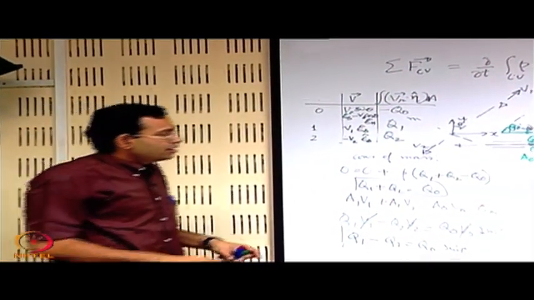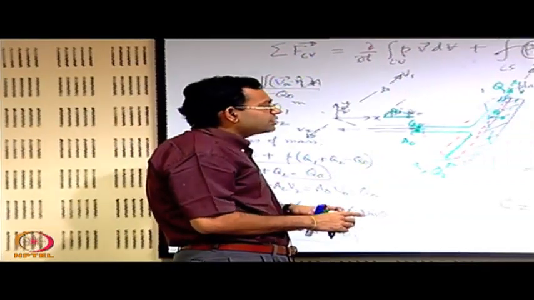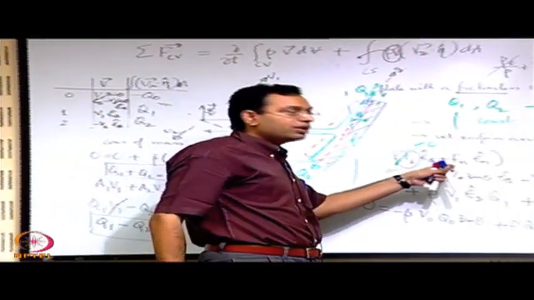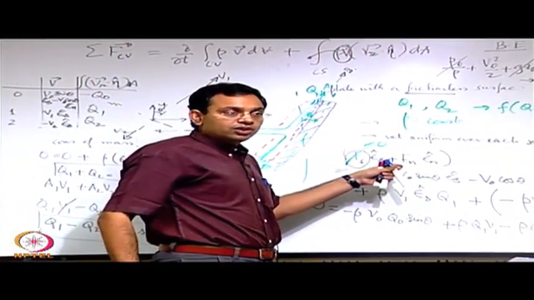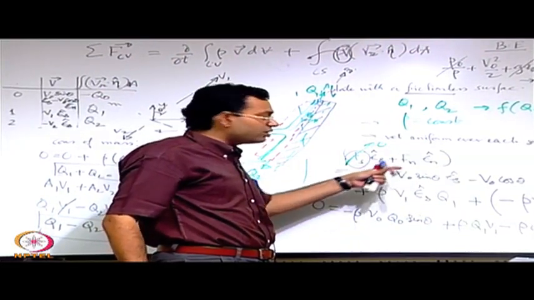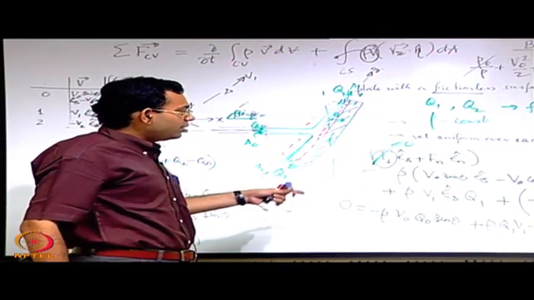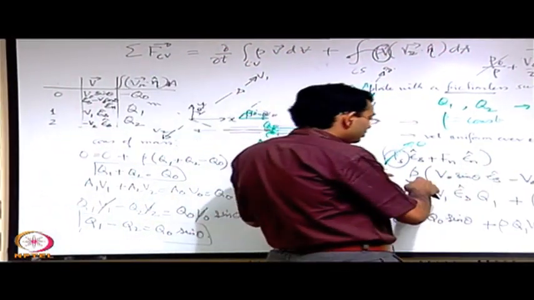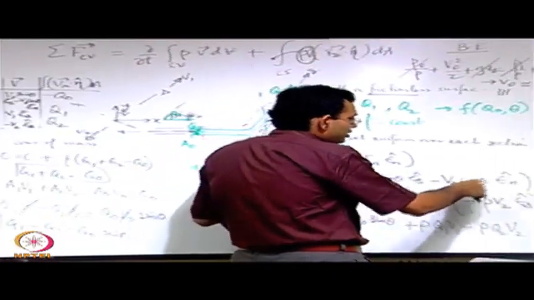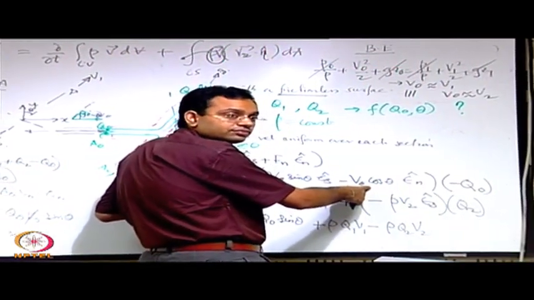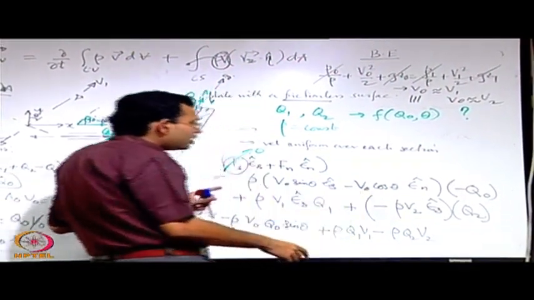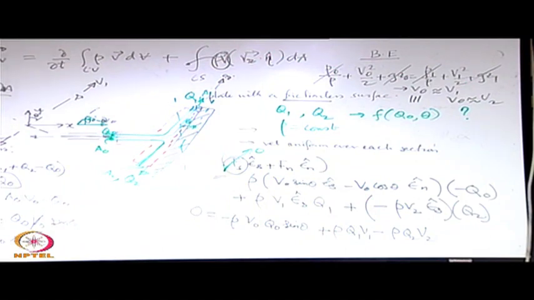There could be a very interesting observation. Now you find out what is the normal component of the force. Normal component of the force definitely is not 0, and the normal component of force will come out if you see that because of the term rho V0 Q0 cos theta. So because of the normal component of the force, this is the force on what?